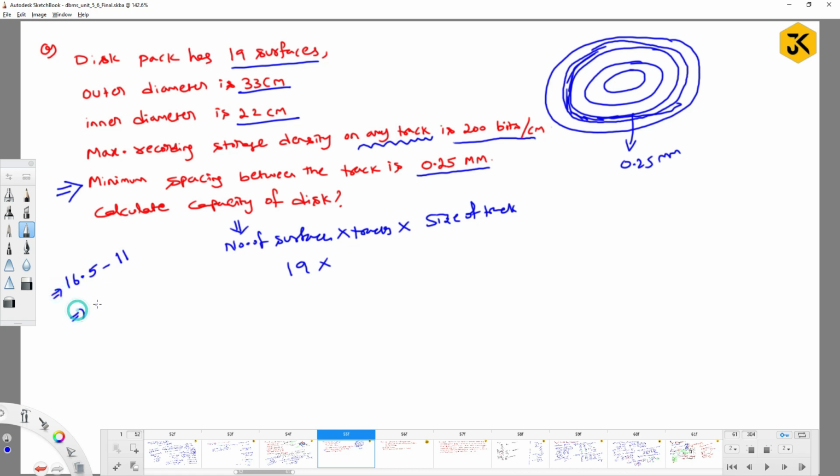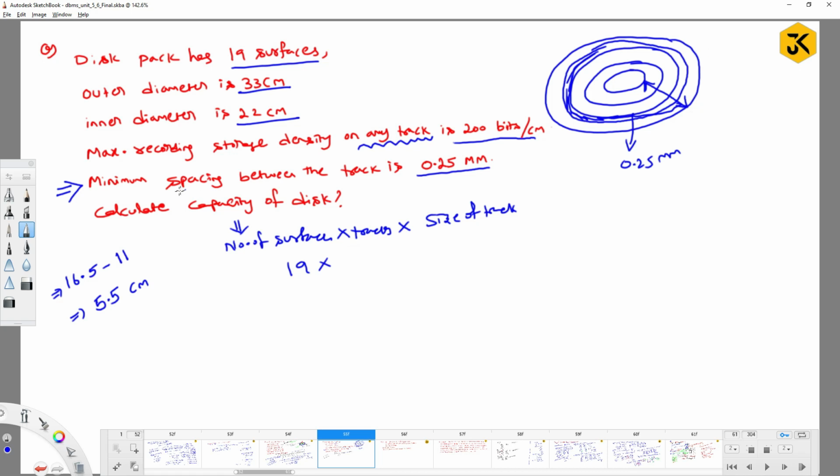So that is equivalent to 5.5 centimeters. You have found the space occupied, the inner circle radius minus outer circle radius.